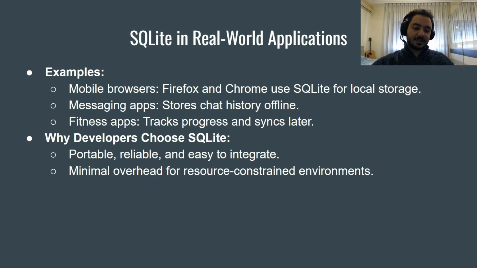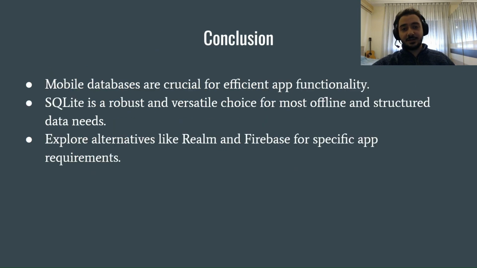Now, as I reach the end of my video, I would like to review the key points I hope you have learned with me here. So, mobile databases are indispensable for creating efficient and reliable apps, and SQLite remains a robust choice for most offline and structured data needs.